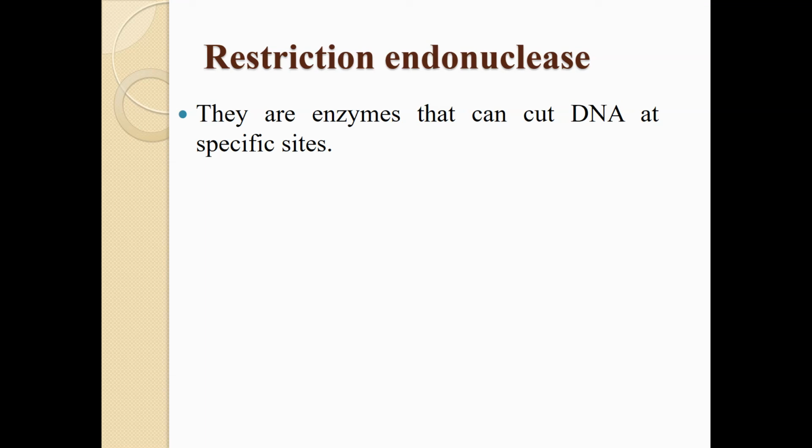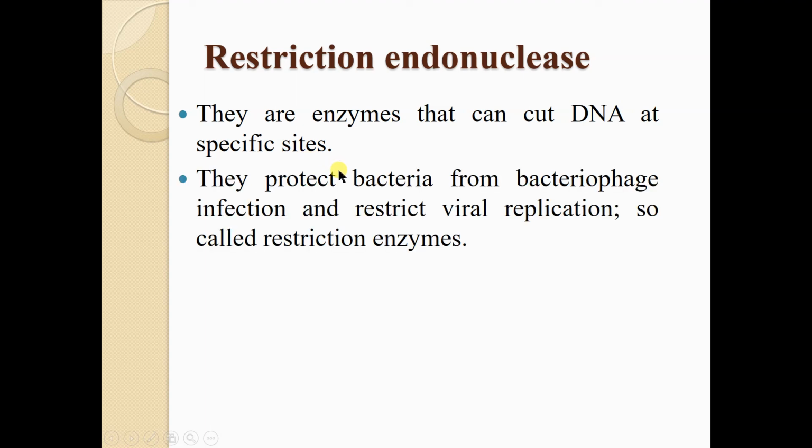So if it is asked, the short note can start from this slide. The restriction endonucleases are enzymes that can produce a cut in the DNA in a very sequence-specific manner, meaning only at specific sites can the restriction endonuclease produce the cut. It cannot produce the cut at a random site in the DNA.